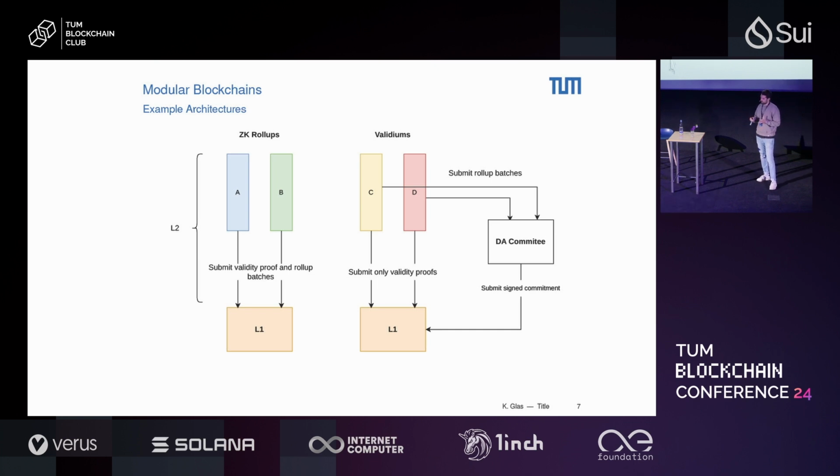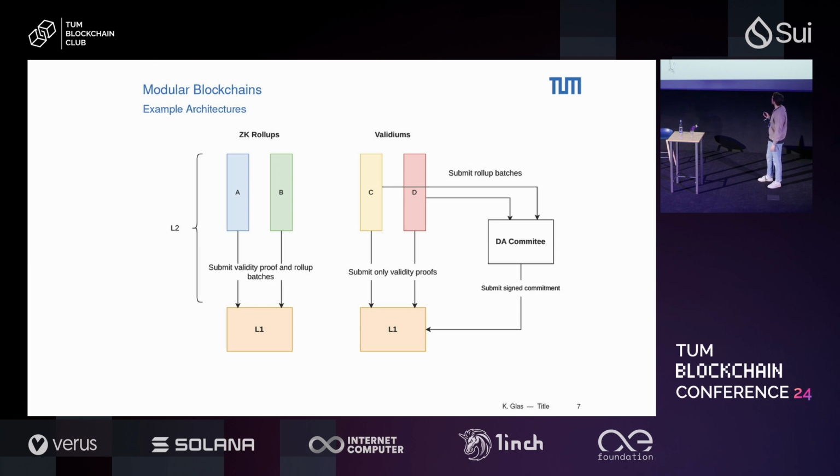Those batches are then compressed somehow and submitted to layer one. Together with the batches, in the case of ZK rollups, we also submit some validity proof that the transactions included in the batch are correct or valid. This allows us to scale in the sense that we don't have to execute all of this, and batches can also be compressed.